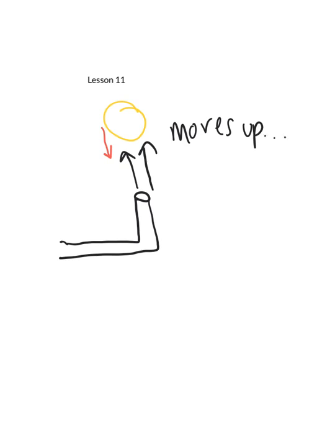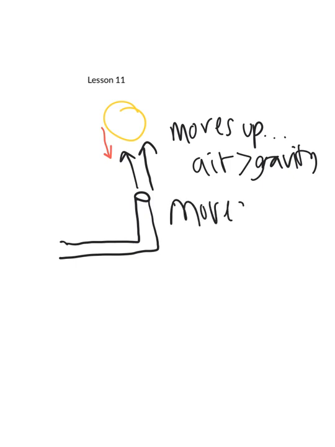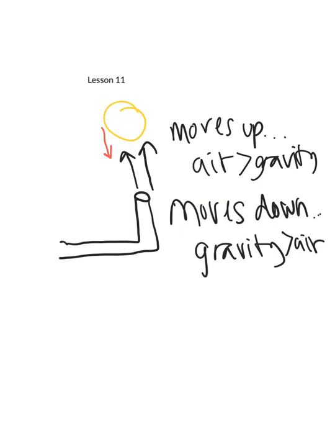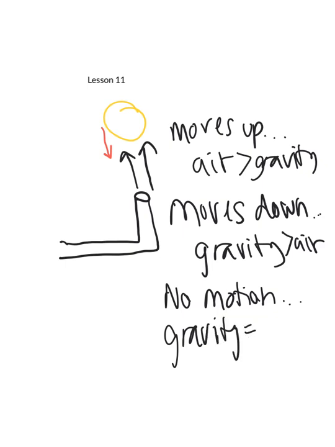If the object moves down, we know that the force of gravity is going to be greater than the force of air. And if there's no motion, so that object appears to be floating in the air, it's neither falling nor rising, we know that the force of gravity is equal to the upward force of the air.